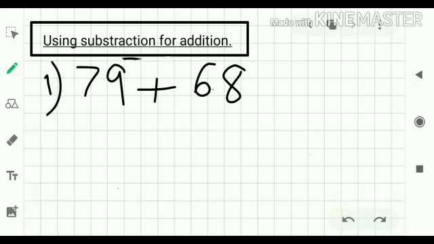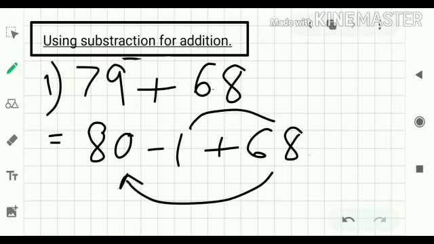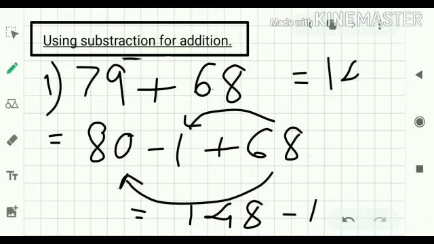If we convert this 79 into a tens multiple, this sum will get converted as follows. This will become 80 minus 1 plus 68. Now you can see it becomes pretty easy to add 80 and 68, right? It becomes 148, and 148 minus 1 is 147. So see, this is how you can ease out the calculation.